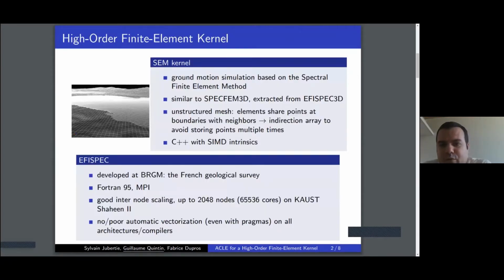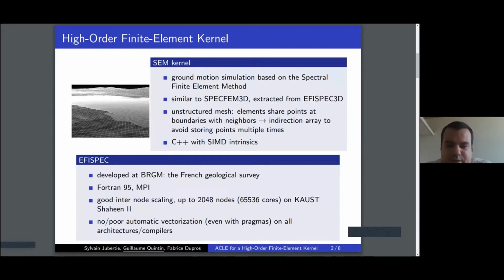The kernel I will talk about is somewhat similar to SpecFEM3D. It's a ground motion simulation based on the spectral finite element method. We have, unfortunately, an unstructured mesh.